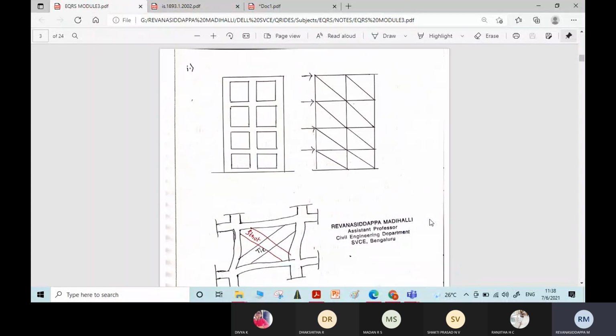I am stressing again and again, in the EQRS subject the figures are very important. If you are able to write neat figures, then there is no problem in writing the explanation, and you will be allotted the maximum number of marks. Therefore, while preparing for your examination or internal, you must practice all the figures two or three times, a number of times.